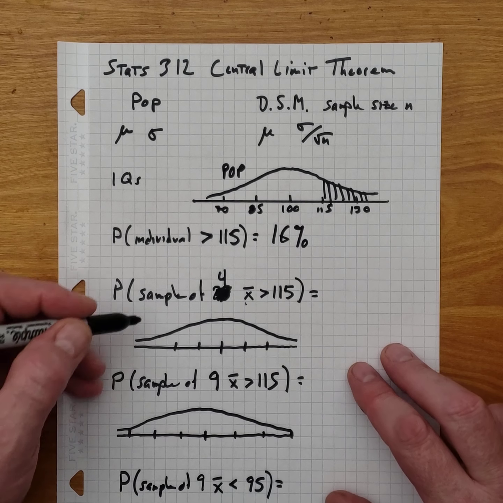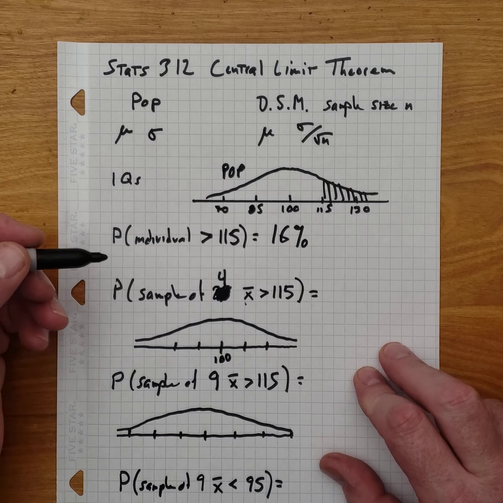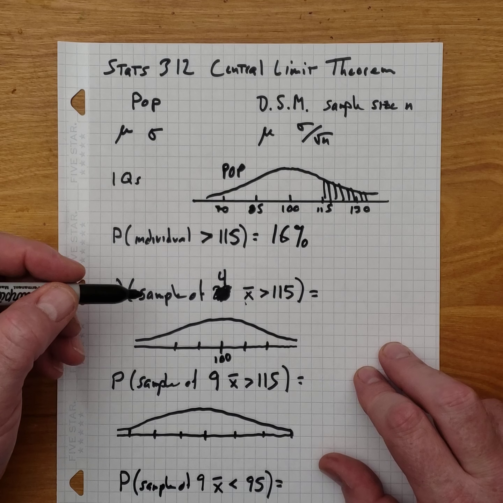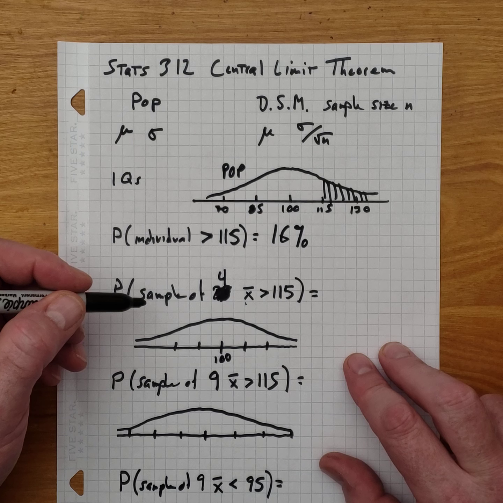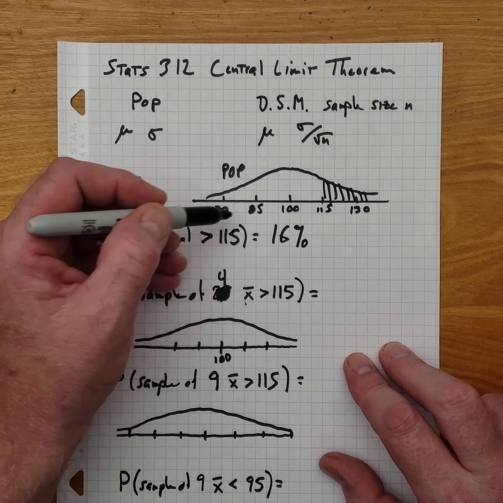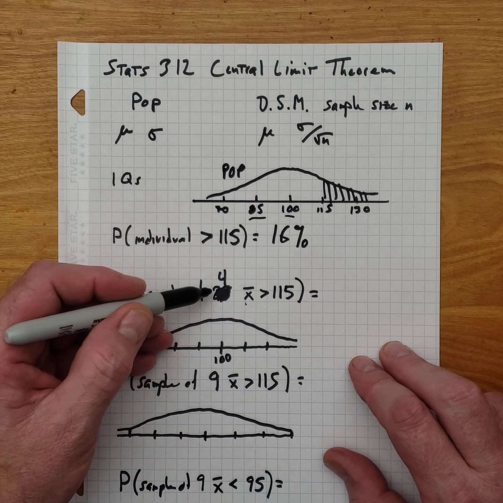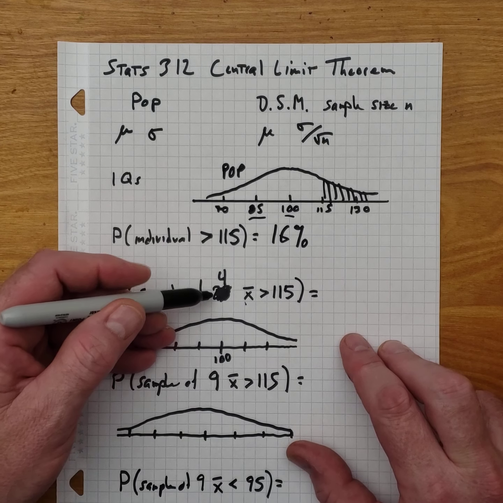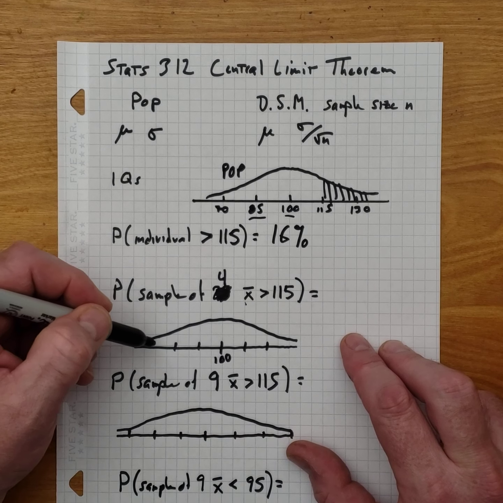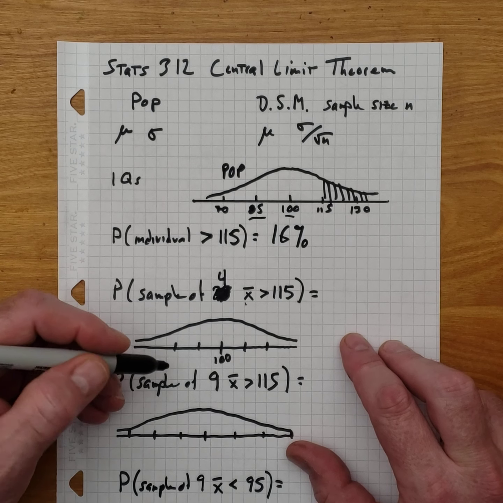That's going to have a mean, the same as the population, which is 100, but the standard deviation is going to be the standard deviation of our population, 15, divided by the square root of 4, so divided by 2. So the distribution of sample means has a standard deviation of 7.5.